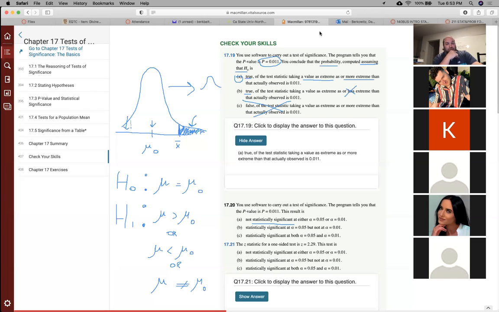So the first one, part A, says that it's not statistically significant at either alpha equals 0.05 or alpha equals 0.01. Is that correct, based upon what we just said? No. What about statistically significant at 0.05, but not at 0.01? Well, there's your answer.